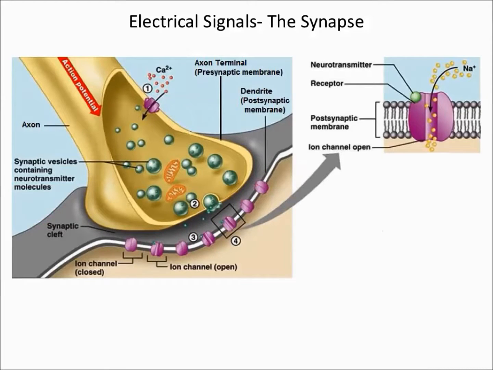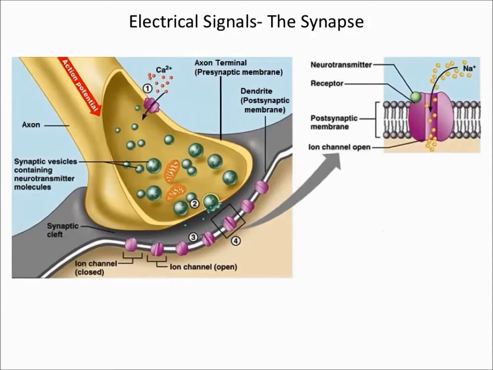Here are the events that take place in order for an action potential to be passed on to an adjacent neuron. First, this action potential stimulates the opening of voltage-gated calcium ion channels, allowing calcium ions to diffuse into the presynaptic neuron. The diffusion of calcium ions stimulates synaptic vesicles to fuse to the wall of the presynaptic membrane.